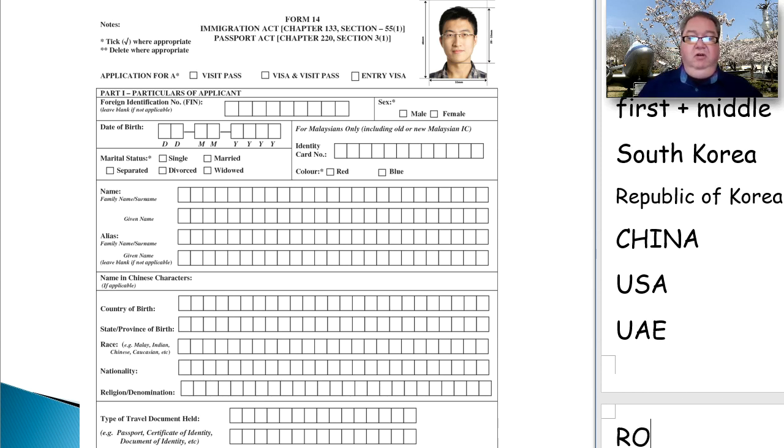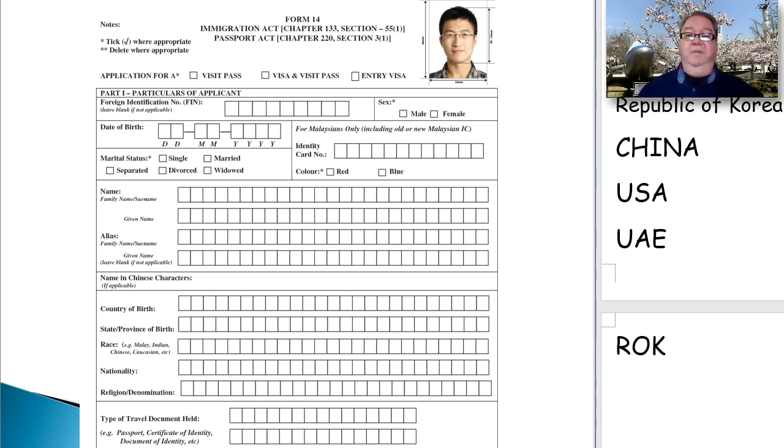Could you write ROK, Republic of Korea? Probably not. People in Korea, U.S. military uses that all the time, the rock. They live on the rock. But people from other countries probably wouldn't recognize that. So I would not use that. But USA, UAE, UK, those are commonly recognized initials of countries.